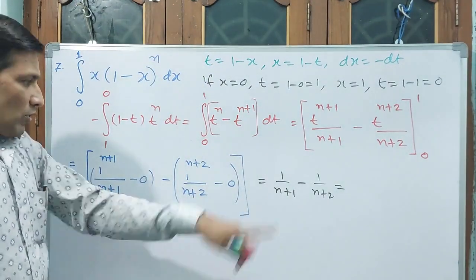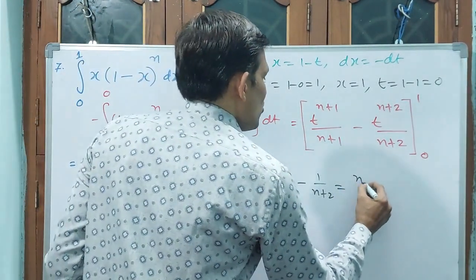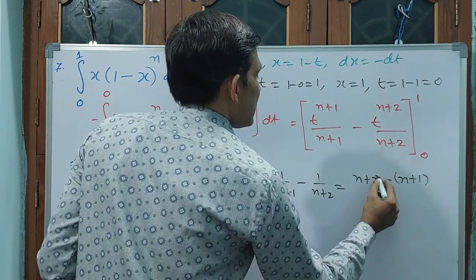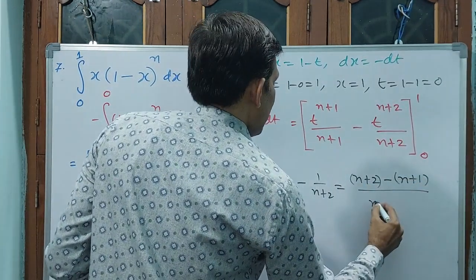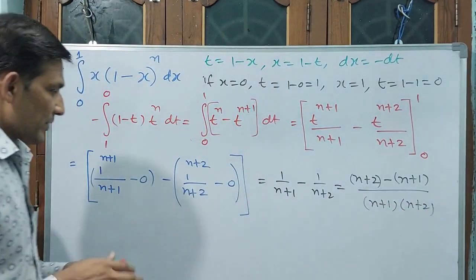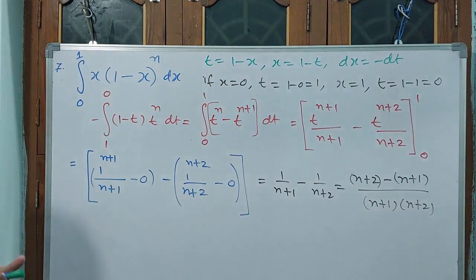Over, no. You cross multiply. n plus 2 minus n plus 1, divided by n plus 1 into n plus 2. Is it okay? Definitely okay.